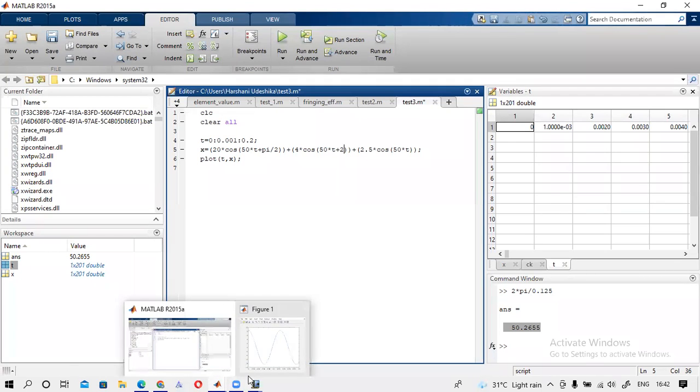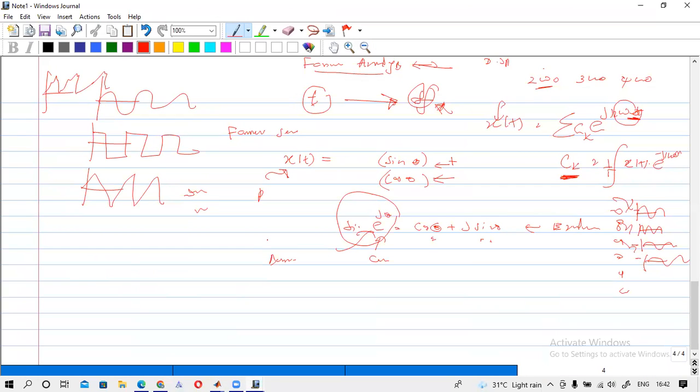If we consider a sinusoidal signal v(t), it is of the form A cos(omega naught t + phi). So there are three main parameters: amplitude, frequency, and phase. If you do not change the frequency, and you change the amplitude or phase to any value, the frequency will not be changed. We will see it.